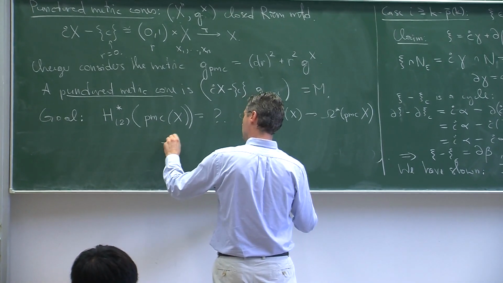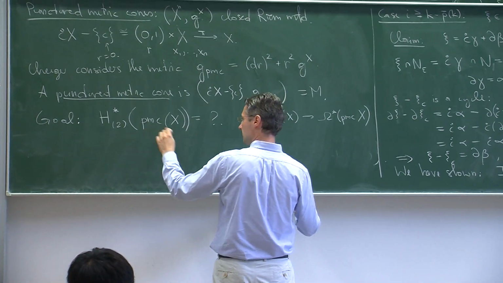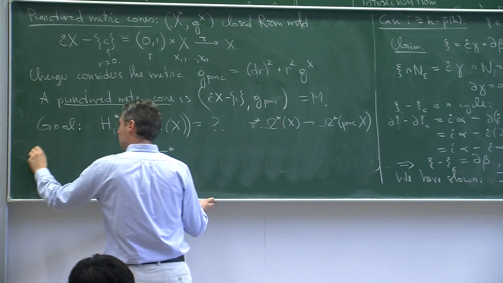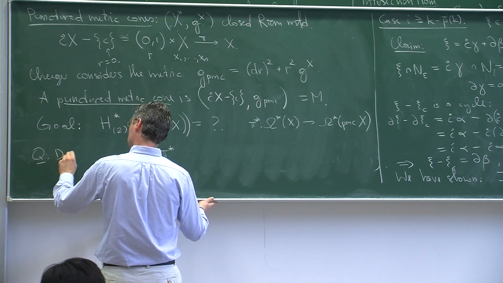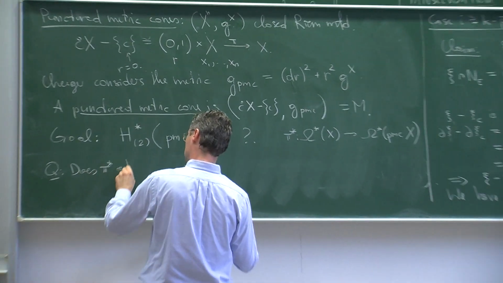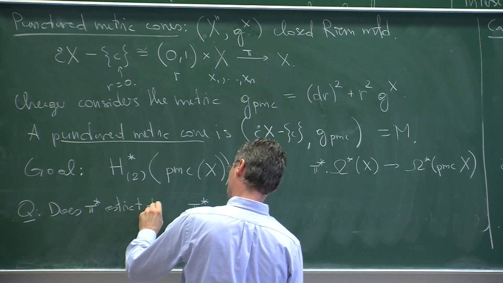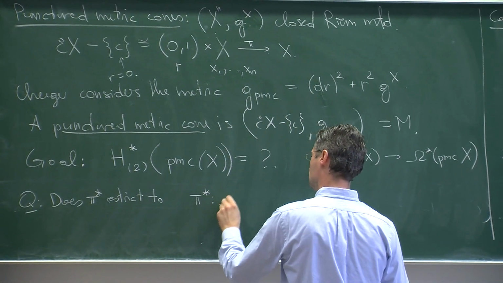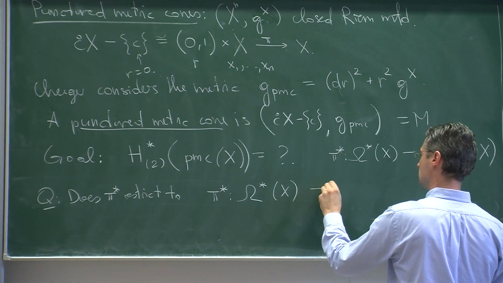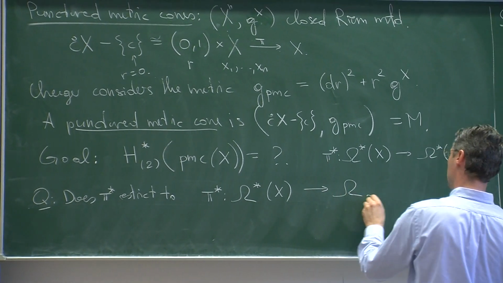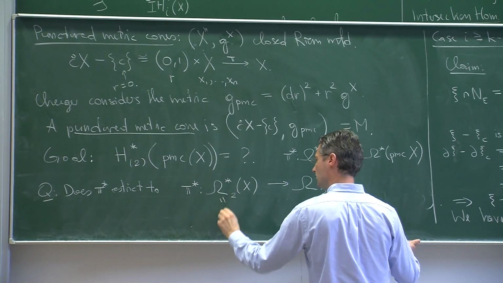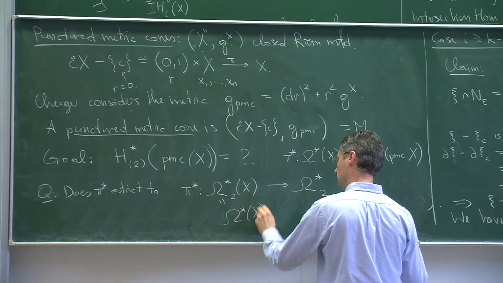So the first question we shall have to investigate is, does pi star restrict to a map into L2 forms? I might as well write 2 here, but this is of course the same since X is compact.